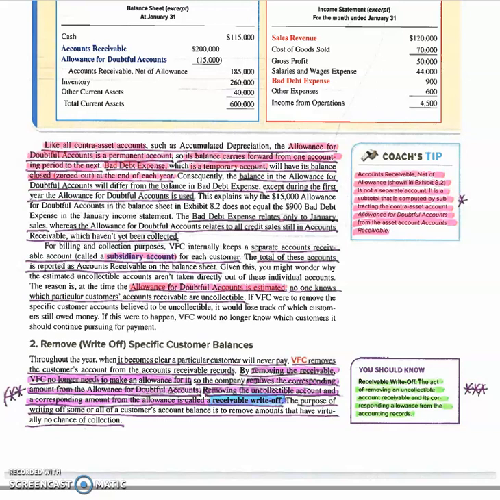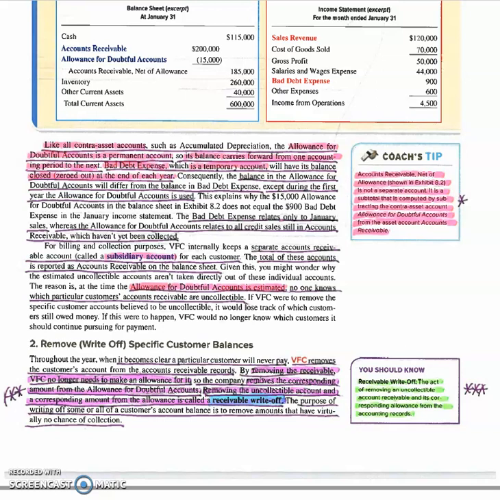Okay, now let's say an individual customer proves uncollectible. And I'll just say this time they owe us $5. And so what do we do? Well, we debit the allowance for $5. We credit accounts receivable for $5. So before we wrote their account off, accounts receivable was $100. The allowance was $10.